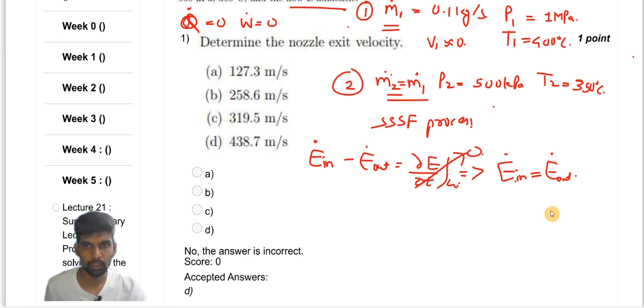It should be known to you what the components of this energy are for an open system.